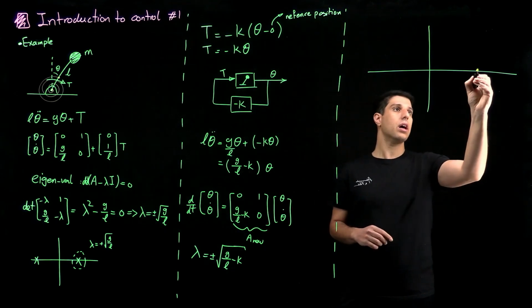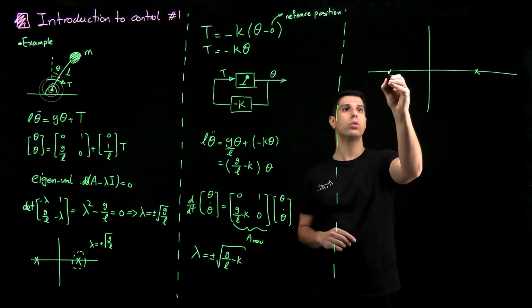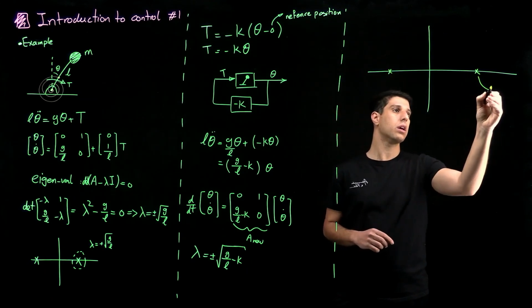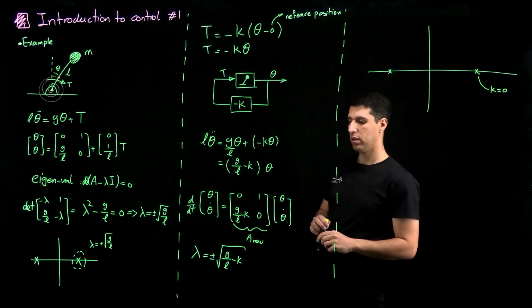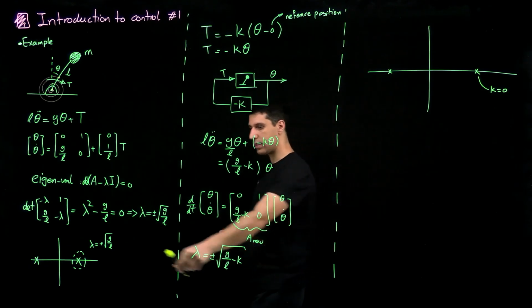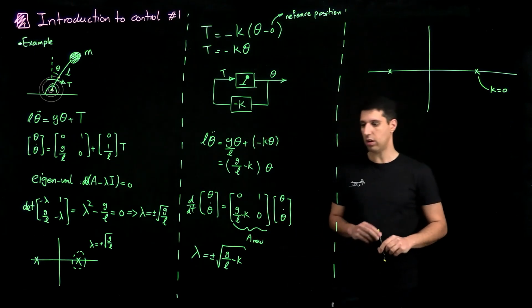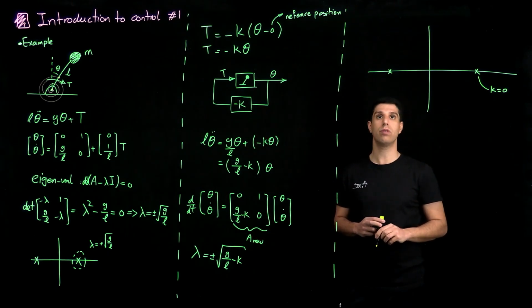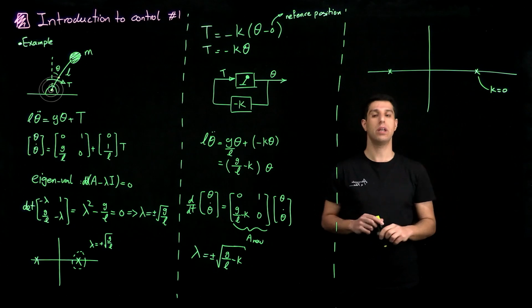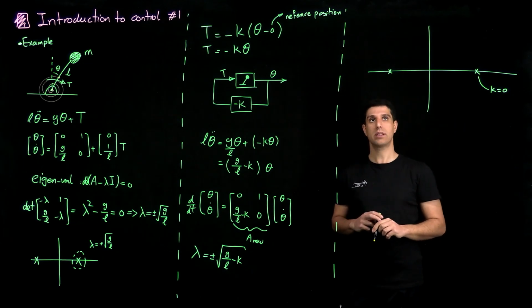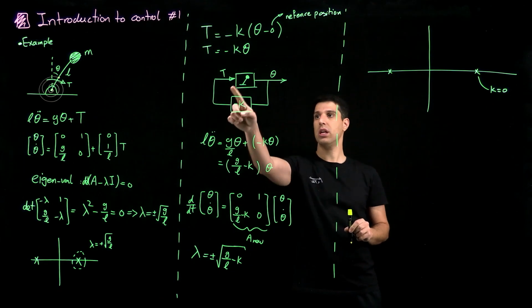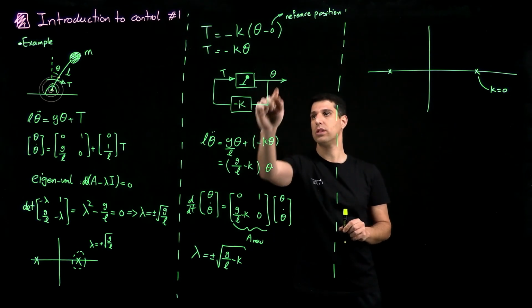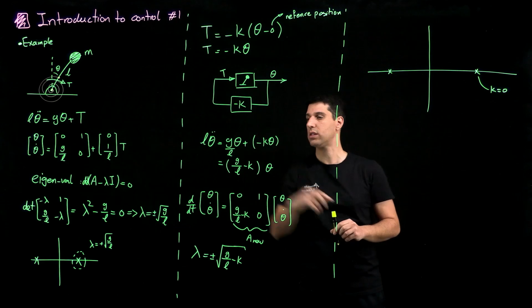Originally I had my two poles here when K was 0. If K is 0, I get the same eigenvalues of plus minus the square root of G over L. One of them is unstable, and that was the unstable system. As you can see, if K is 0, you essentially have no input to the system, so it's the same system.